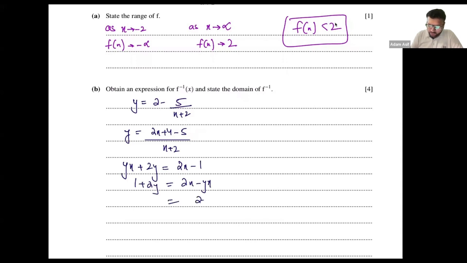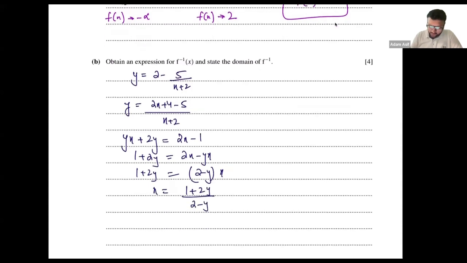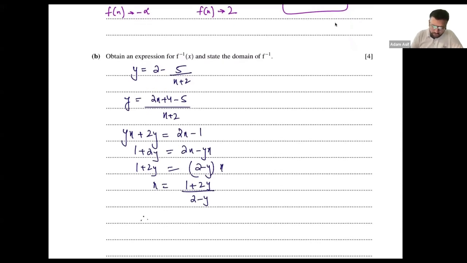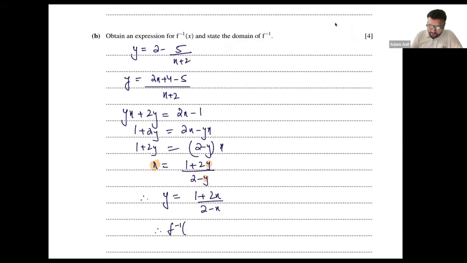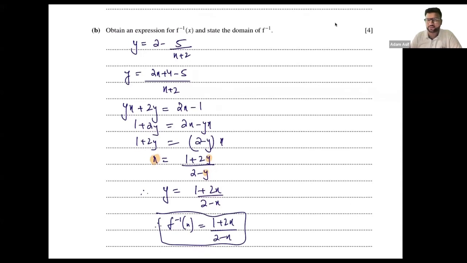If we take x common, we are going to get 2 minus y. So x would be equal to (1 plus 2y) divided by (2 minus y). So now we are going to swap the x values with the y values. So y would be equal to (1 plus 2x) divided by (2 minus x). Therefore, f inverse is (1 plus 2x) divided by (2 minus x). That's the inverse function expression.